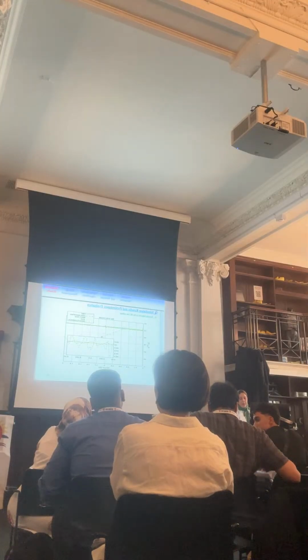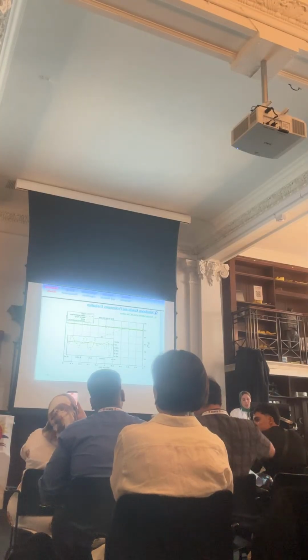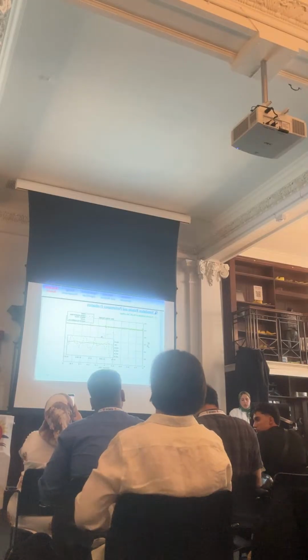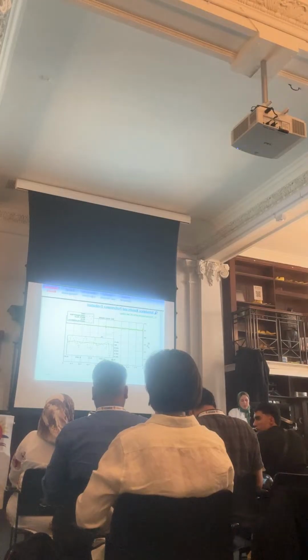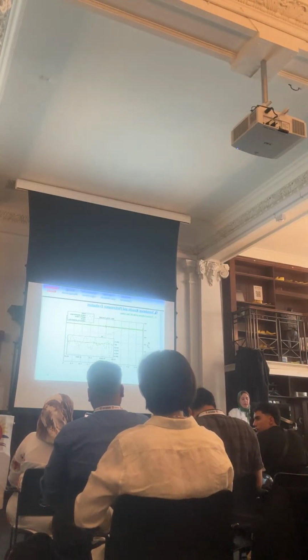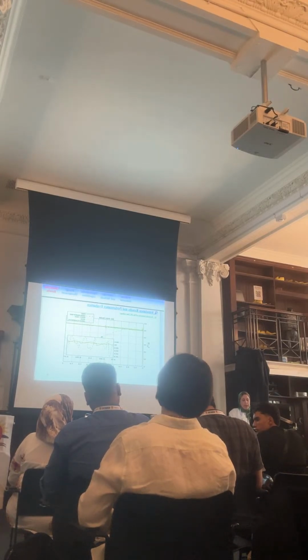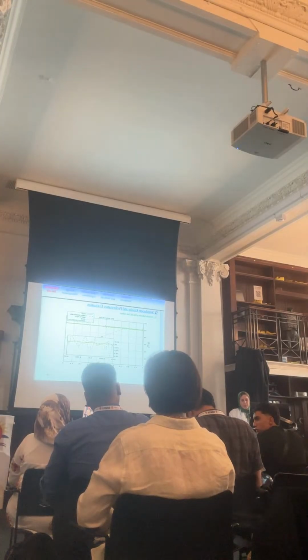The slide compares the DC bus voltage regulation performance, showing that the CGGWO and PSO maintain the desired value of voltage, while perturb and observe and conventional GWO exhibit large voltage fluctuation.